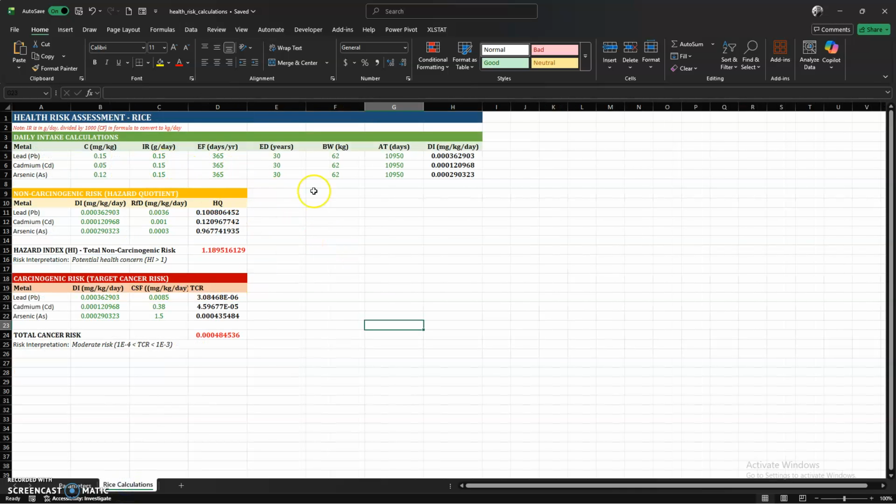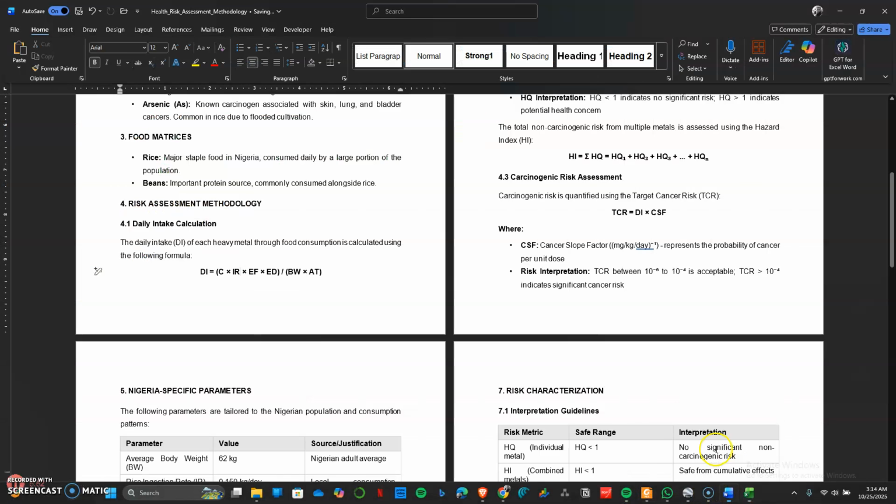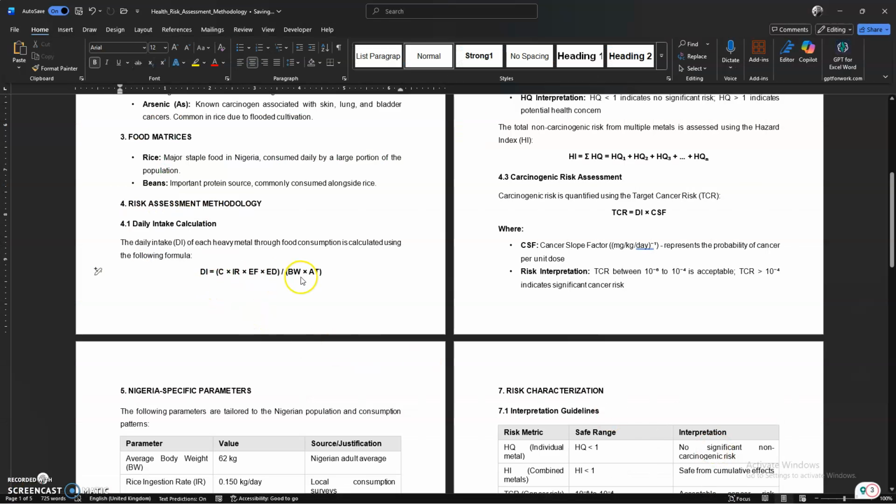The first thing we need to calculate is our daily intake. For the daily intake, we are using this formula here. You simply multiply the concentration of the heavy metal in the rice, the ingestion rate, how much of this rice they eat every day, then the exposure frequency, how many times they eat this rice in a year, then the exposure duration, how long they will eat this rice.